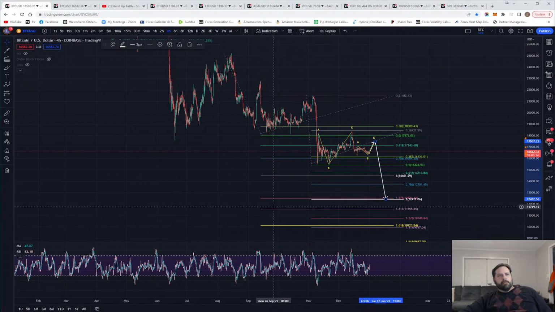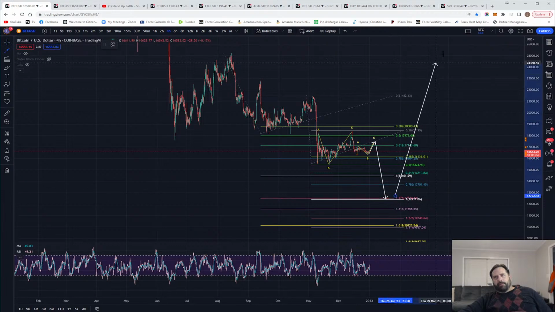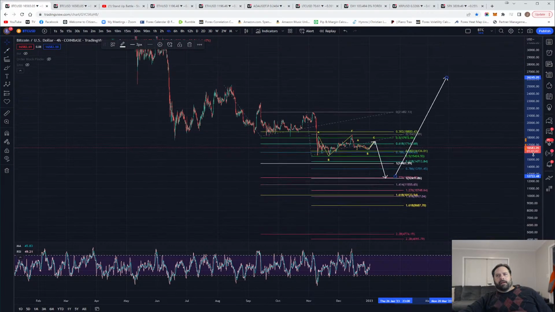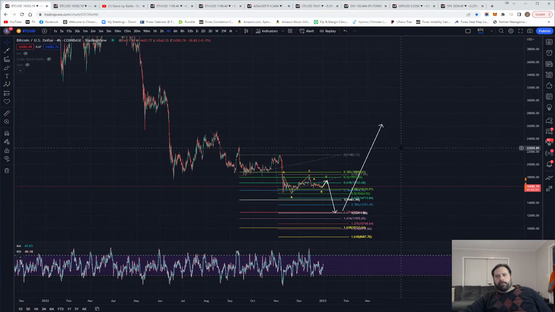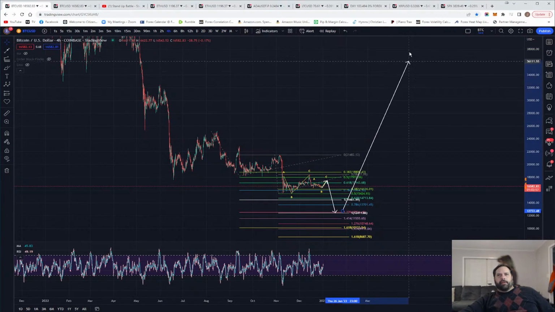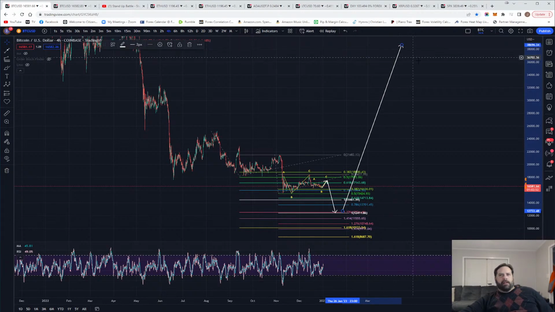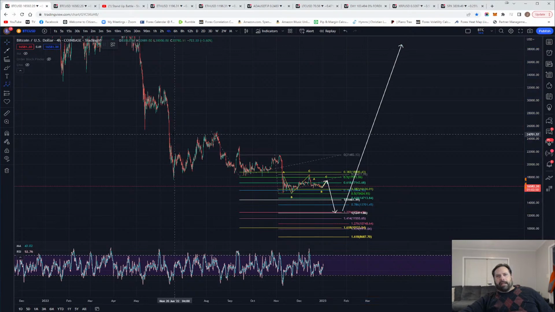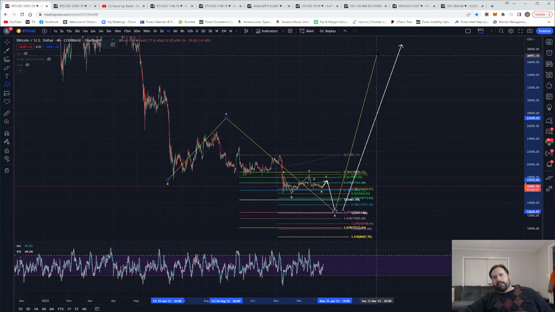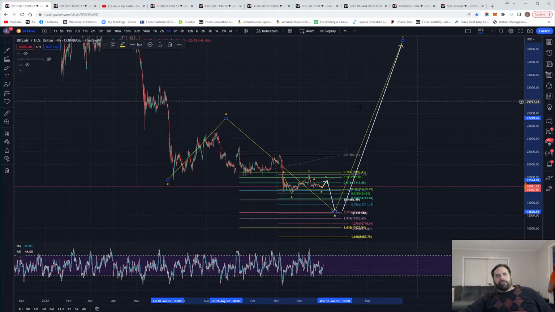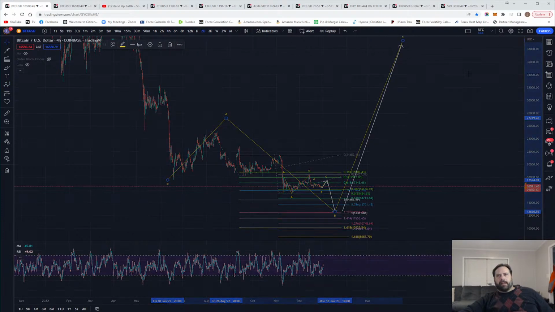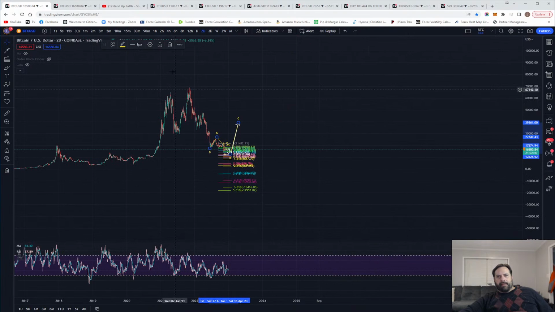So this is possible here, where we get this pump and then a dump, and then we get that bigger pump that we're looking for back to the upside. This first quarter. All right, but all that would do is be the beginning of a dead cat bounce or a sucker's rally, to create some more liquidity in the market, so they can have another year selling it off, to continue the bear market that we're going to finish.